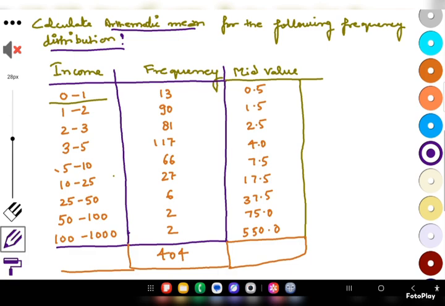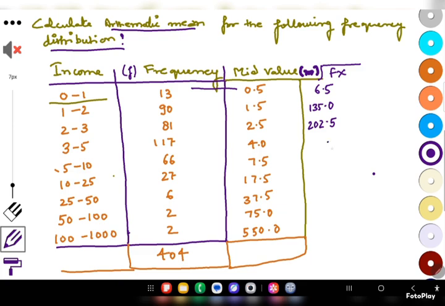The average has been taken, so it's 1 upon 2, which is 0.5. Further on, in a similar manner, we have taken the average or the mid value from column number 1. For example, the last entry is 100 plus 1000 upon 2. So we have got the value as 550, which is the last entry in the mid value or the third column.